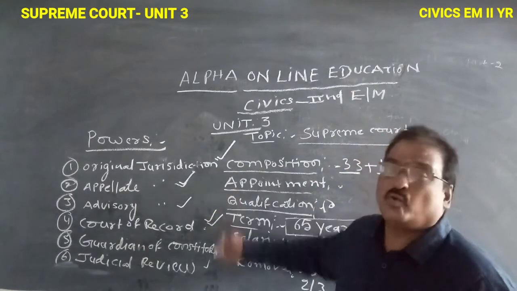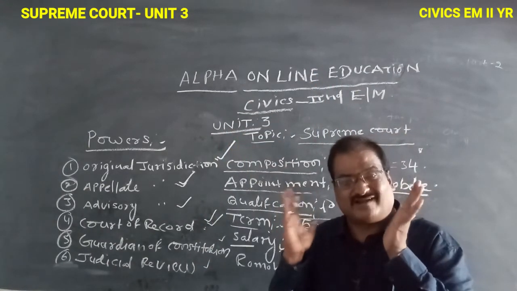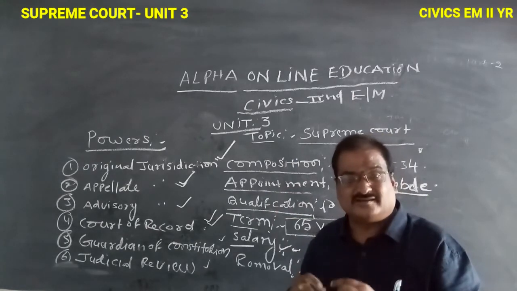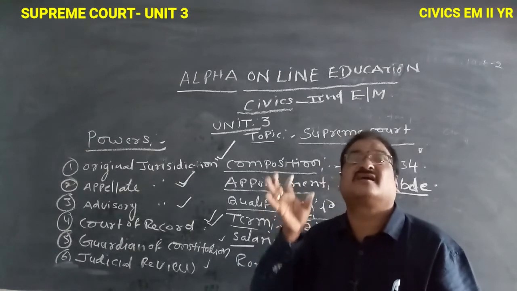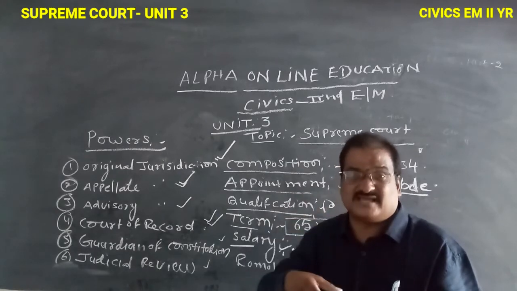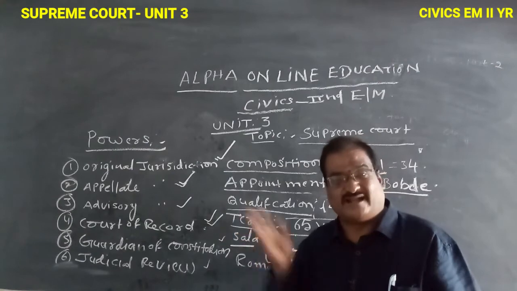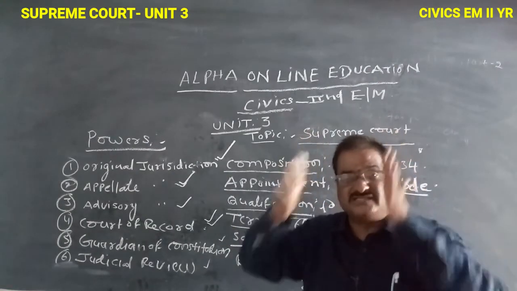And then the court of record. It is a wonderful one. All judgments are given by the Supreme Court, and all judgment copies are preserved. If the same case comes up further, it is referred to and a judgment is given. So in the court of record, all records are preserved.